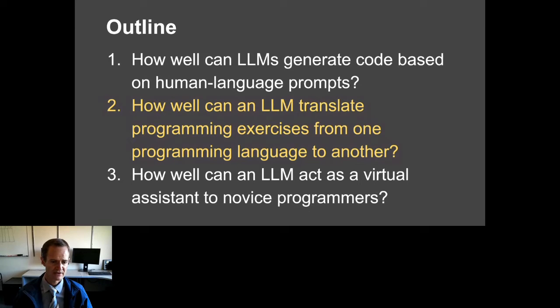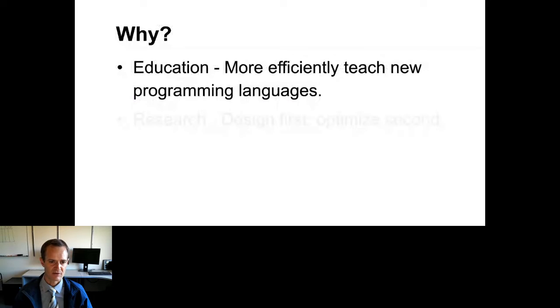So the question here was, how well can a large language model translate programming exercises from one programming language to another? There were two motivations behind this. One was an educational motivation.